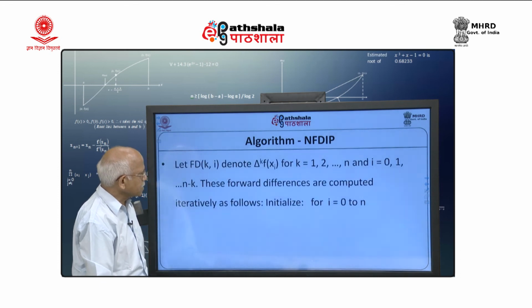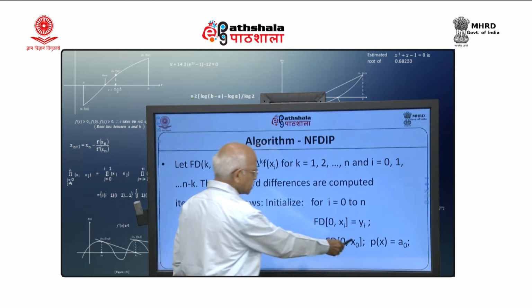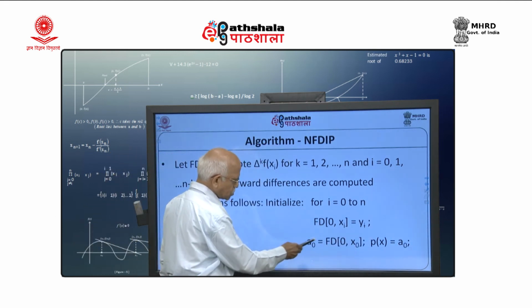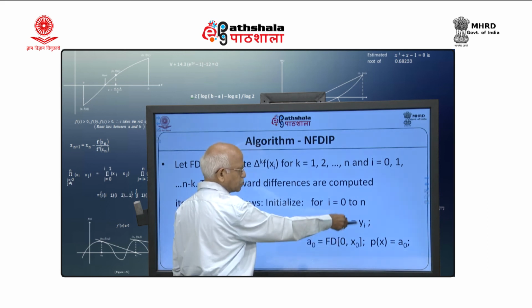So, you can see here your first value is p(x) equal to a_0, because what is a_0? a_0 is fd(0, y_0), which is the same as y_0, and y_0 is nothing but f(x_0).